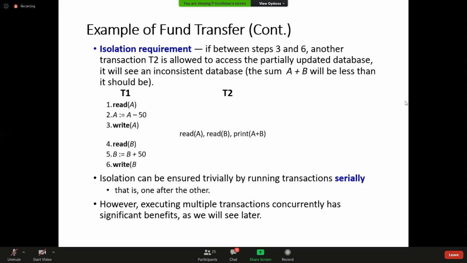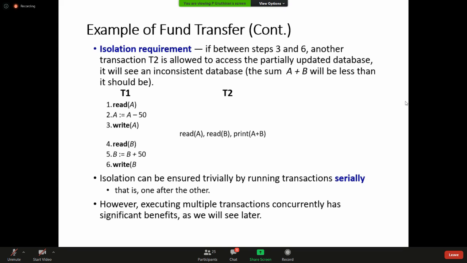The balance is different. Furthermore, if the second transaction then performs updates of A and B based on the inconsistent value it read, the database may be left in an inconsistent state even after both transactions have completed.